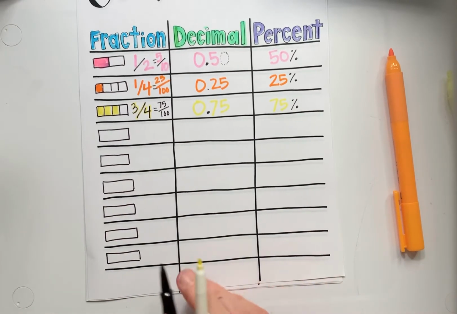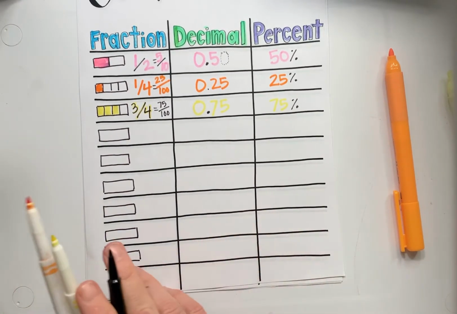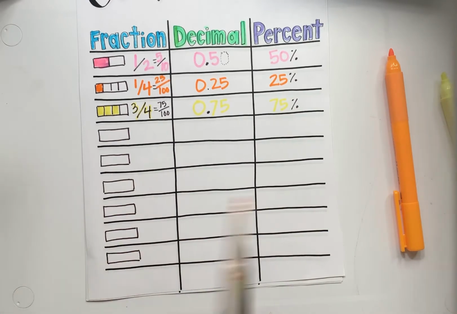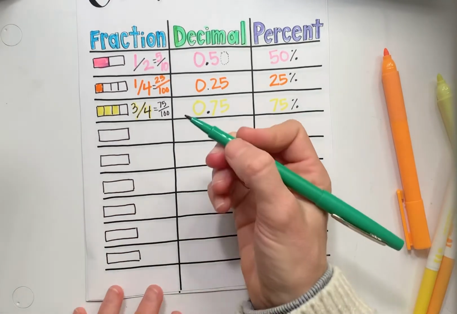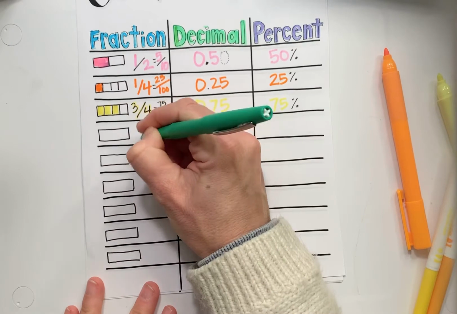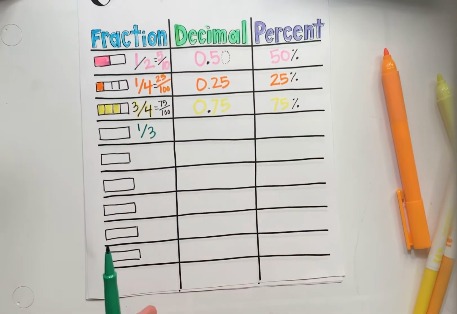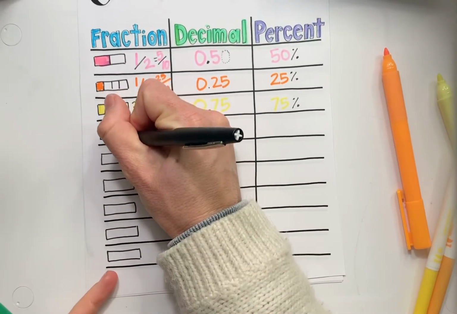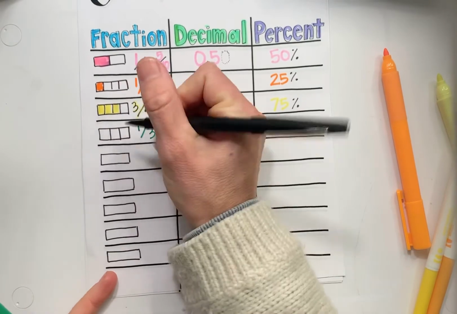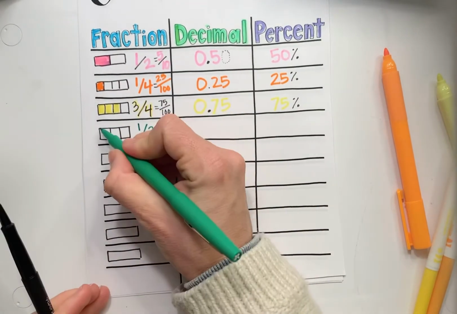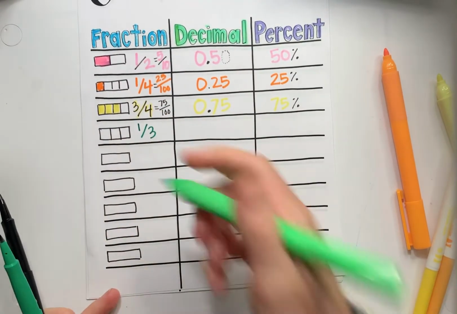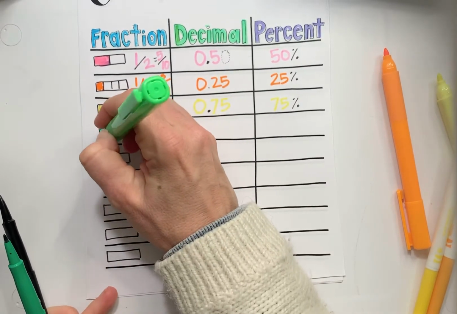All right, so the next one I'm going to look at is 1/3. So 1/3 is a common fraction that you might convert. So I'm going to break my fraction bar into 3 equal pieces, and I want 1 of those 3.